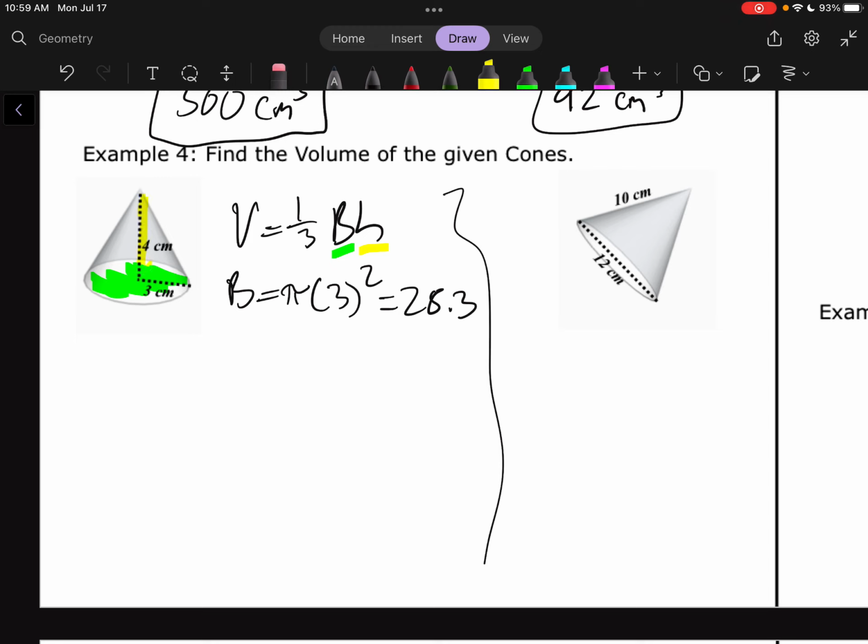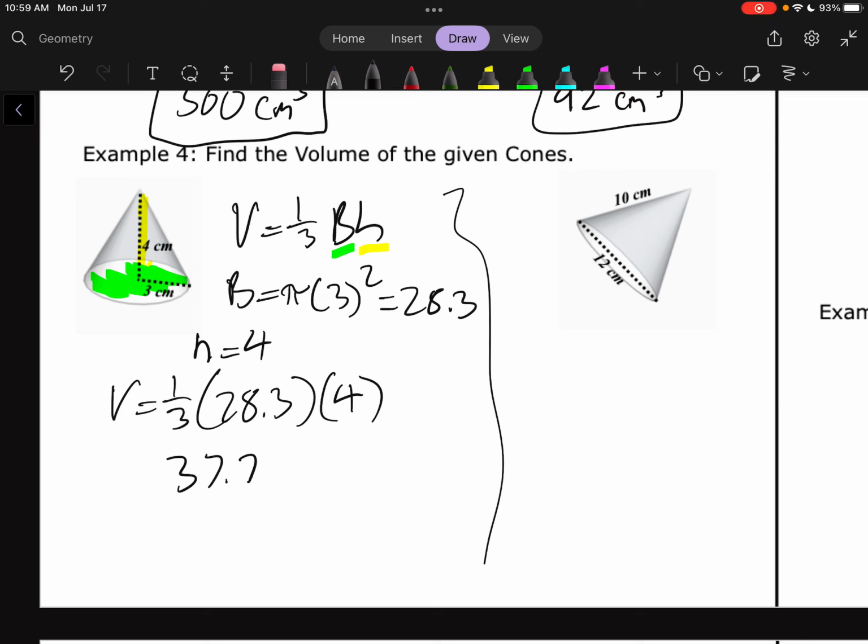My height is 4. So I'll do 1/3 times 28.3 times 4, and I'm getting 37.7 centimeters cubed.